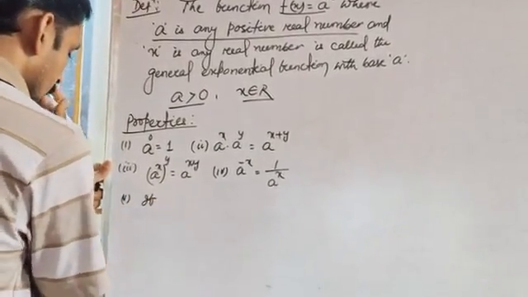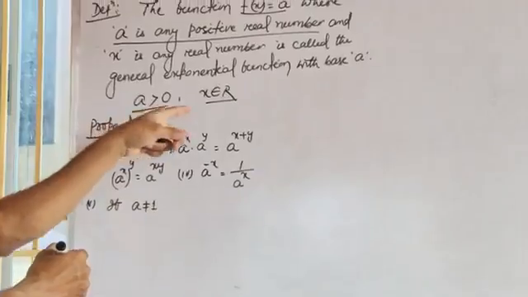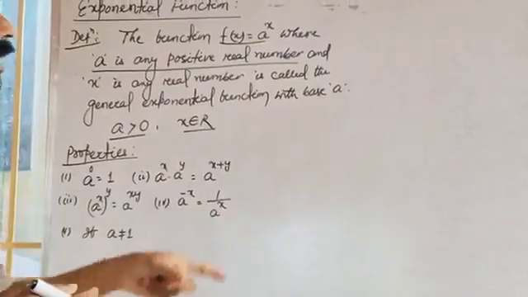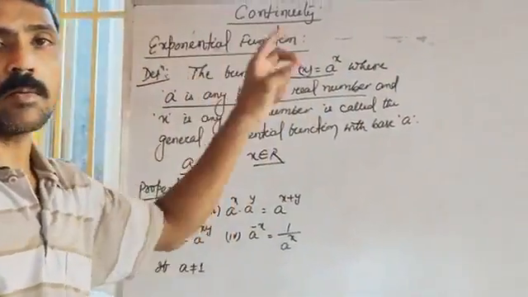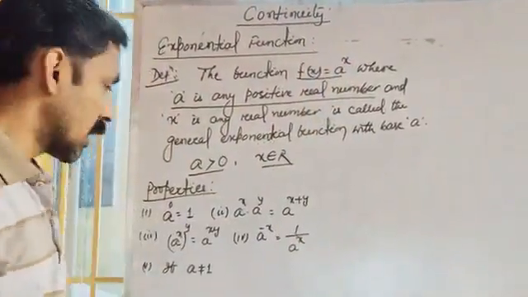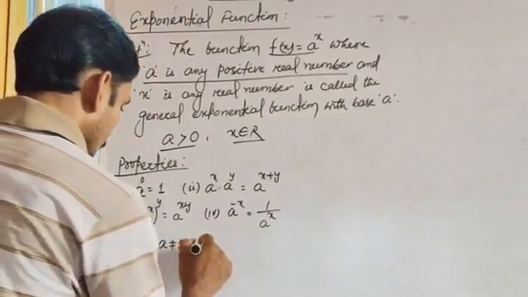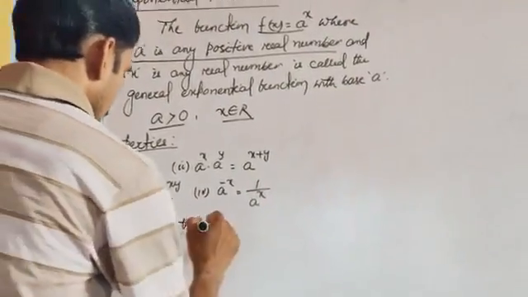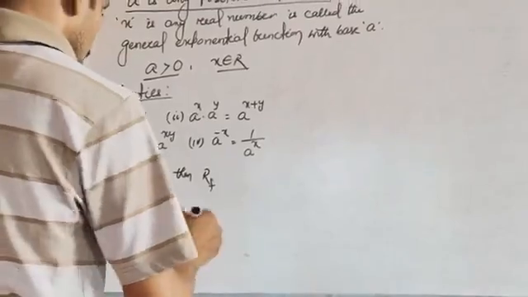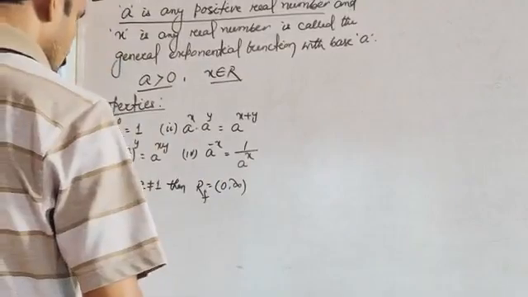Then if a is not equal to 1. If the base is 1, then 1 raised to any power will always be equal to 1, whether it is 1 to the power 0, or 1 to the power 1 lakh, or 1 to the power minus 50,000. When the base is 1, the value will be 1. So if a is not equal to 1, then the range of the function is always 0 to infinity.